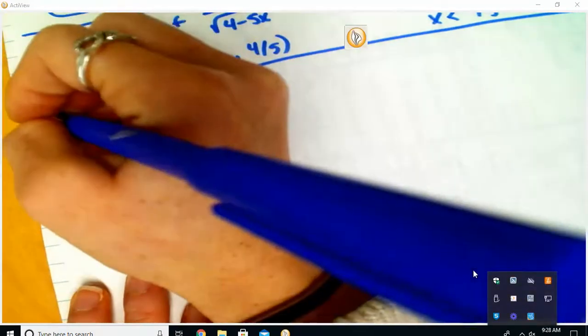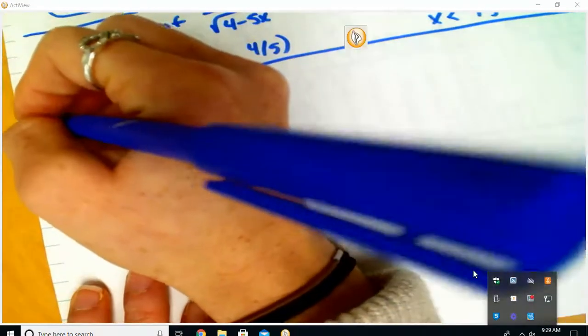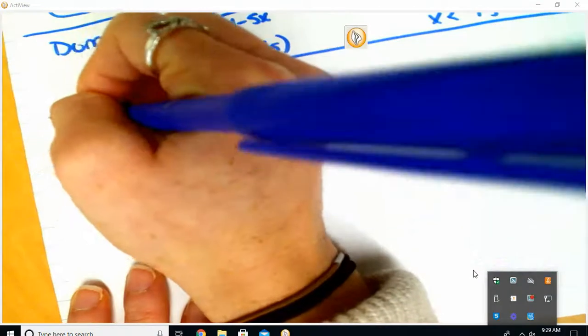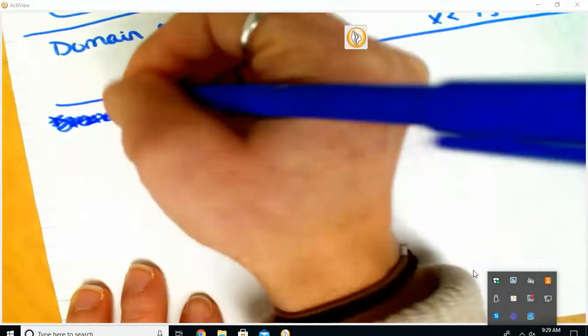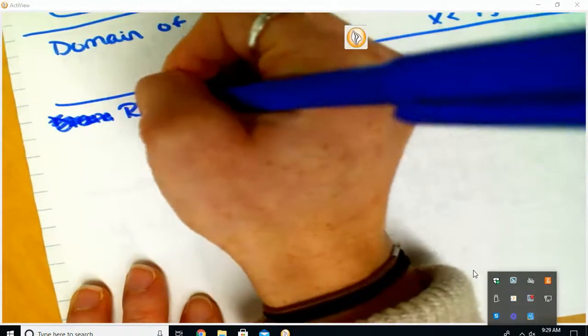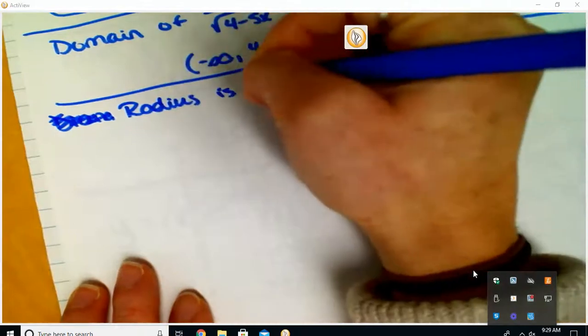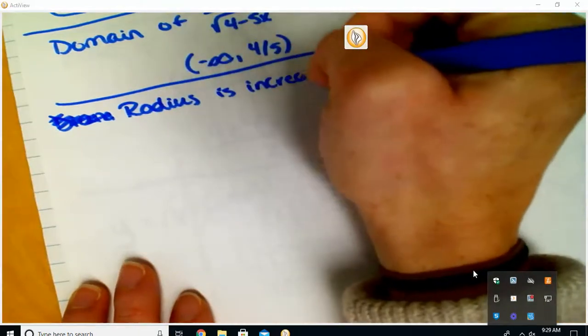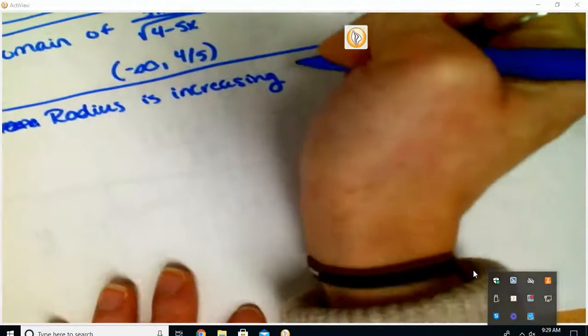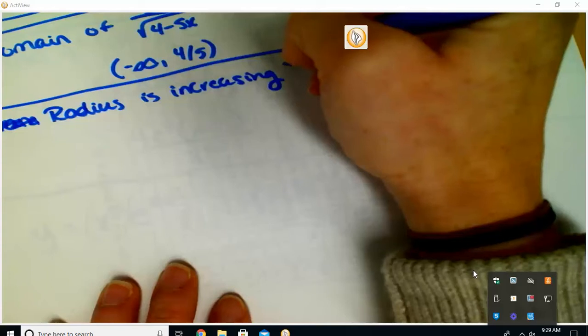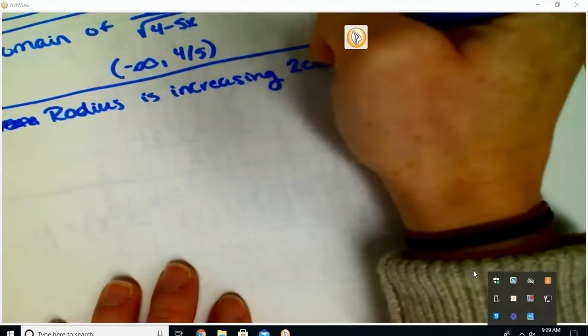Let's say the radius is increasing 2 centimeters per second.